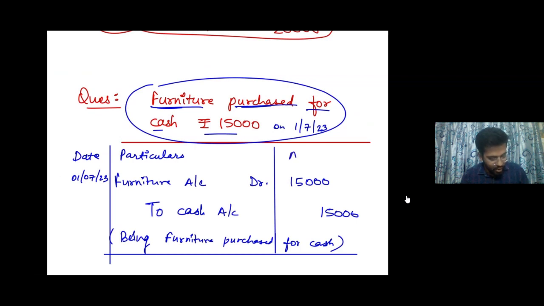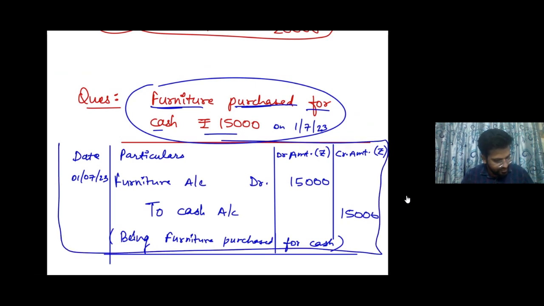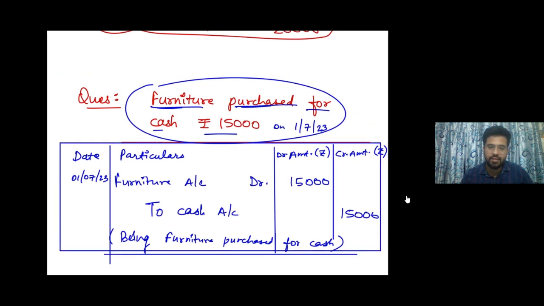And then there will be two amount columns: the debit amount in rupees, and another column called credit amount in rupees. This is the basic format for any journal entry.